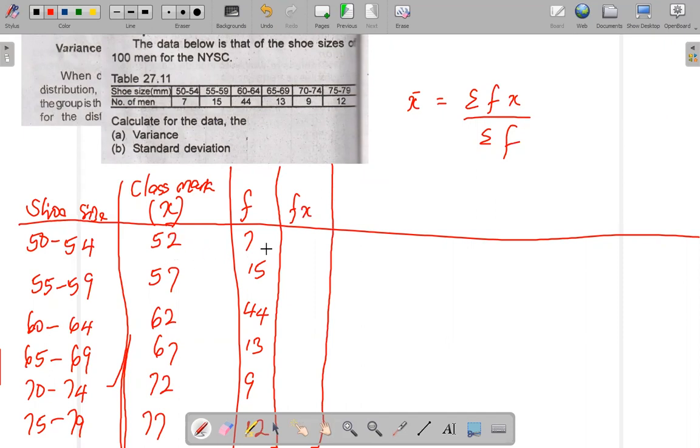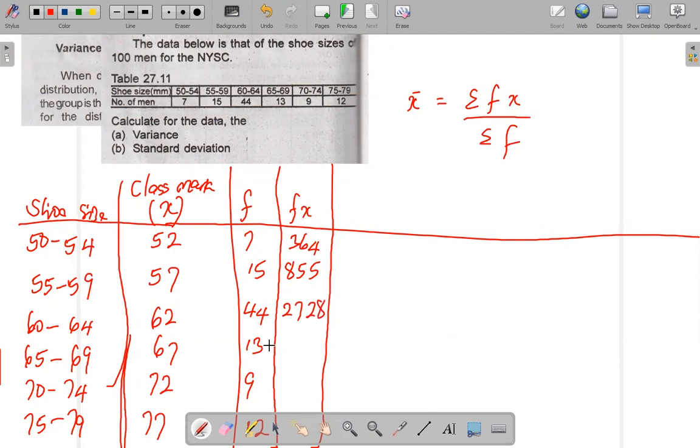FX: this is our X, this is F. 52 times 7 is 364. 57 times 15 is 855. 62 times 44 is 2,728.